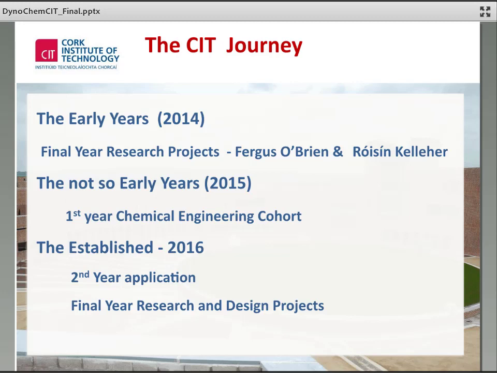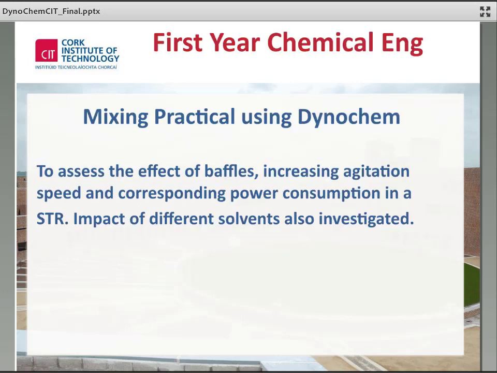Next, I want to talk about how we incorporate it into the first year chemical engineering labs. Our first years come in and do very much a broad programme in semester one. In semester two, we take them into the throes of chemical engineering by doing 7 hours a week of process engineering labs.